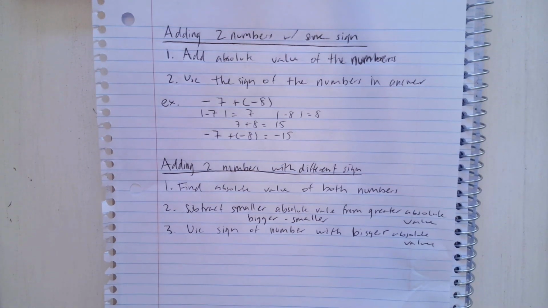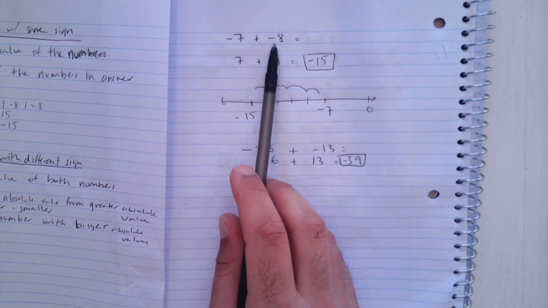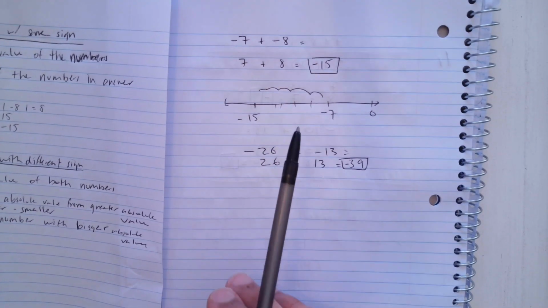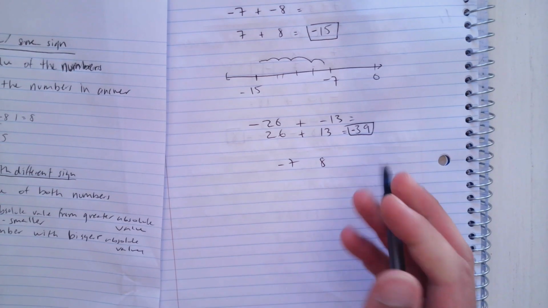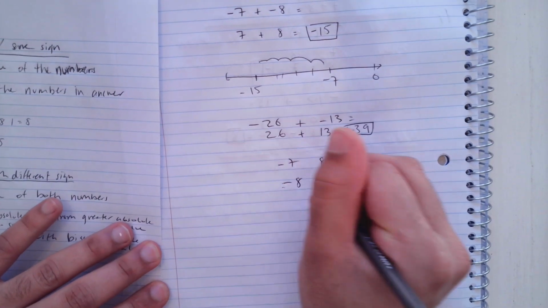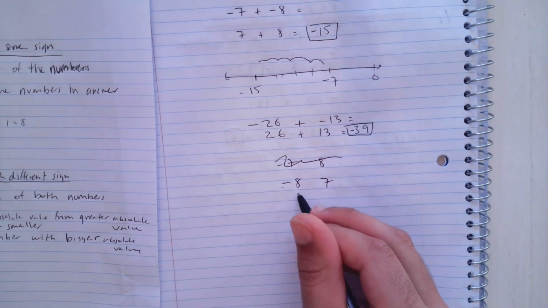And it's not necessarily the bigger number, it's the number with the bigger absolute value, right? Because, for example, if we have the number -8 and 7, we decided that 7 was bigger than -8.